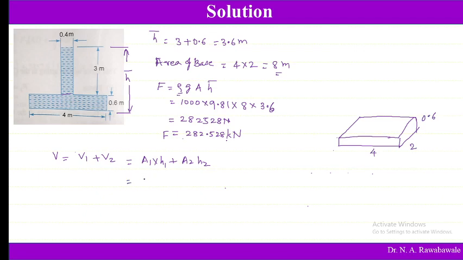So area 1 is equal to 4 into 2 into h1, which is 0.6, plus area 2. Above this there is another attachment, this part which is placed above it. So this is 2 meter, this is 0.4 meter, and this is 3 meter.